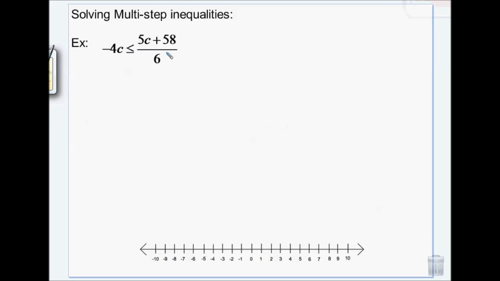Multi-steps, we have to get this fraction gone first. So we're going to multiply both sides by 6. So we get -24c is less than or equal to 5c plus 58. So I'm going to subtract 5c from both sides, and I'm going to get -29c is less than or equal to 58.